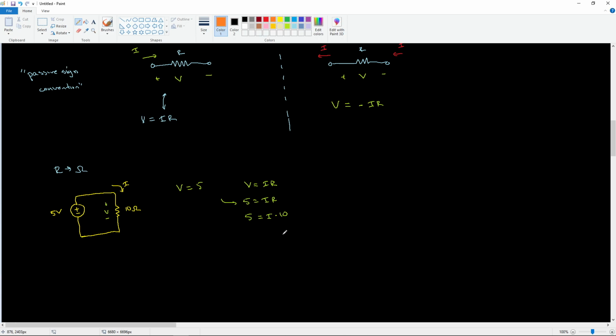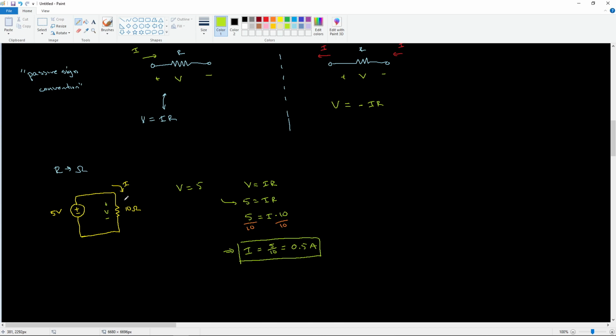And then we get finally that current I is equal to 5 over 10, which is equal to 0.5, and our units here are amperes. So that is a problem where we can find the current from a voltage source being applied to our resistor.